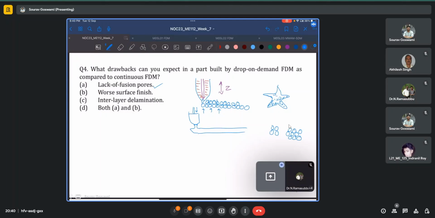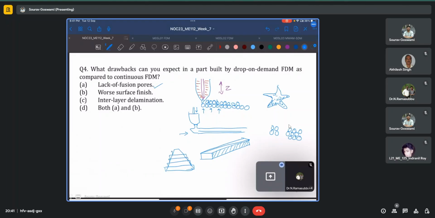And why is that? In this case at least, for this continuous bead, if I'm looking at it in a three-dimensional way, this surface over here would have a relatively smooth finish. And based on the deposition of the next surface, I will of course have some stair stepping. So if I'm trying to build a pyramid, what I'll end up building is a stair step effect.